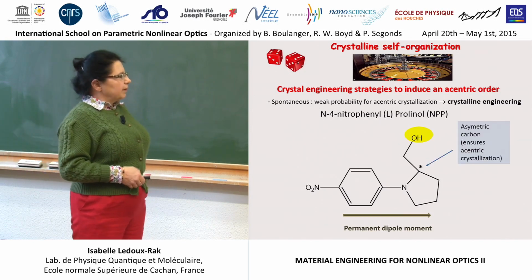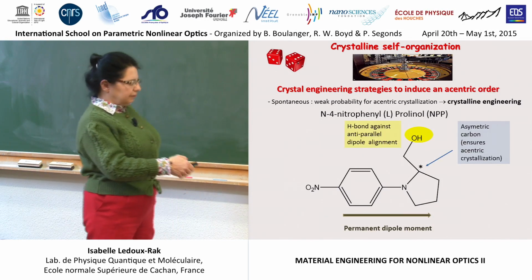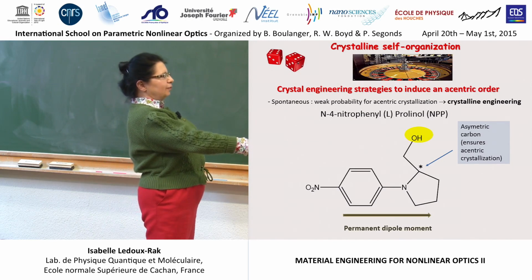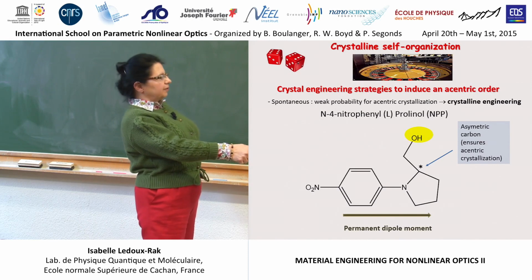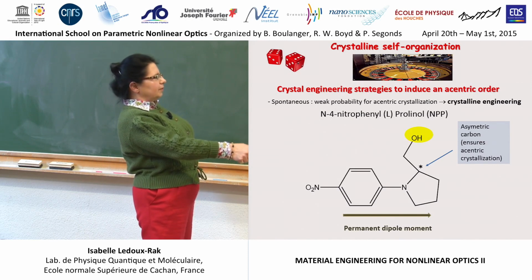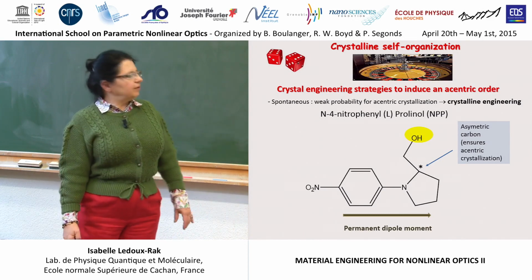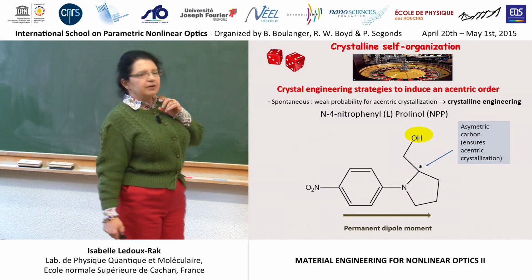We shall see. And we have to notice, for people who are more familiar with chemistry, that this carbon has 4 different substituents: hydrogen, which is not represented, this bond, and this bond, which are different. It means that the carbon is a so-called asymmetric carbon, which is not identical to its image in the mirror.